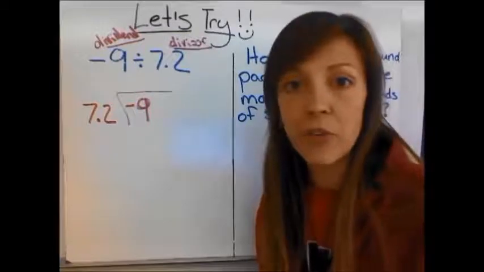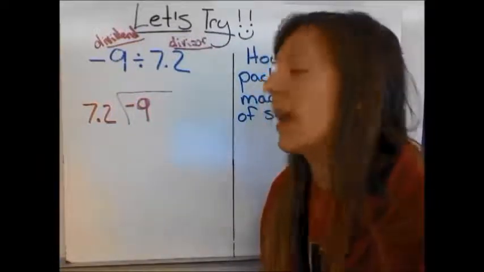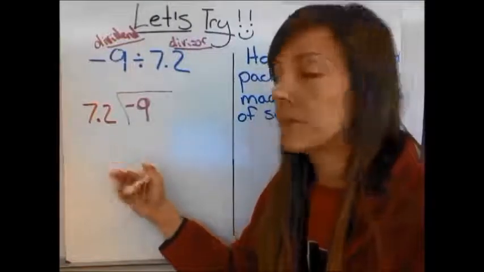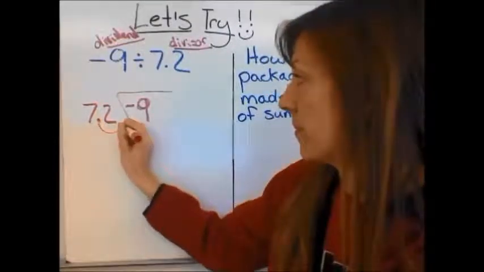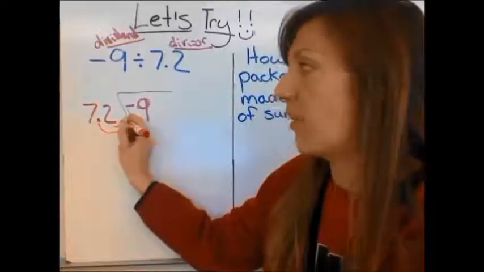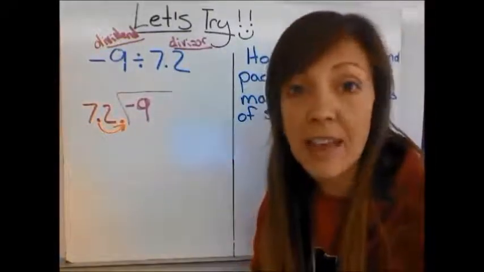So the first thing I want to do is move my decimal out of the way, and I want to make 7.2 into a whole number. To do that, I need to move the decimal 1 place to the right, and now it becomes 72.